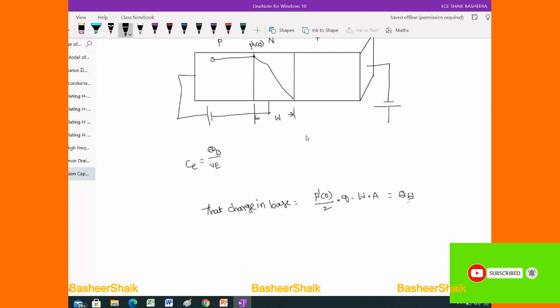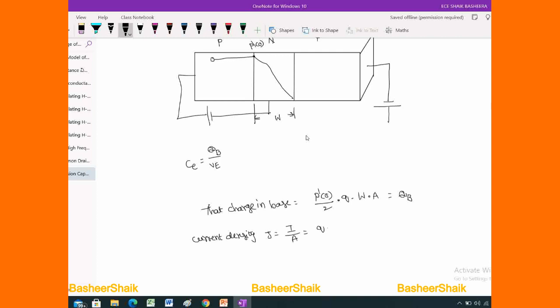Further, we take the current density J, which is the current per unit area, equal to Q DB into dP by dx minus Q into dP by dx.